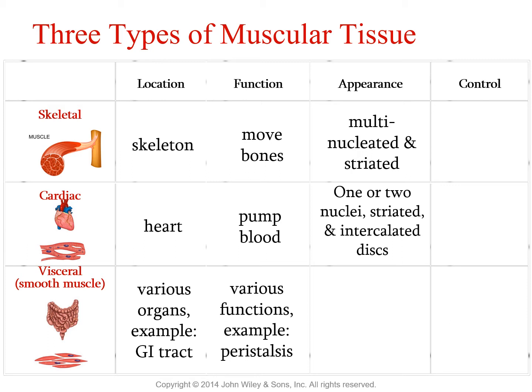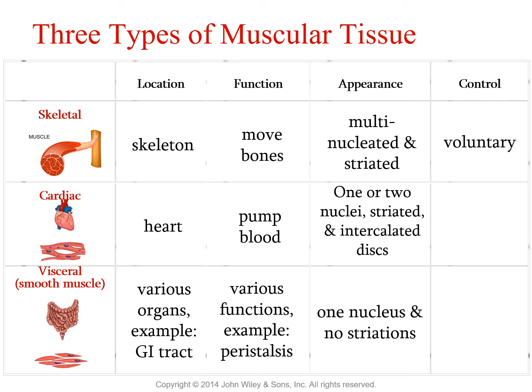They also have visible striations, and the cells are connected by intercalated discs that allow electrical impulses to flow easily from one cell to the other so that the chambers of the heart receive the signal to contract as units. With visceral or smooth muscle, there is one nucleus, and this muscle is very different. It has no striations, and the cells here are shorter spindle-shaped cells.